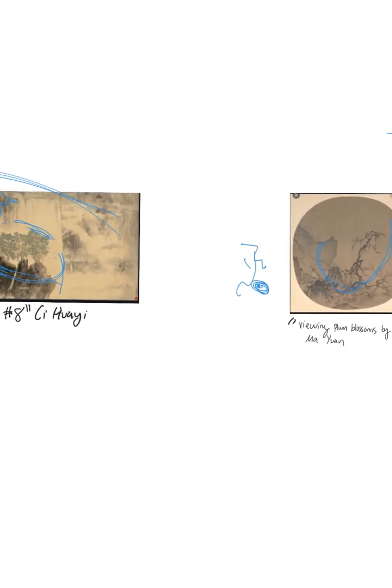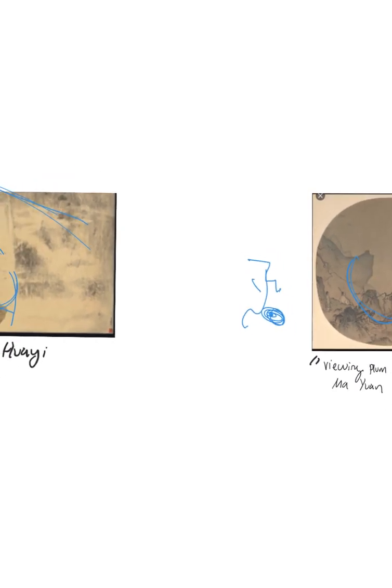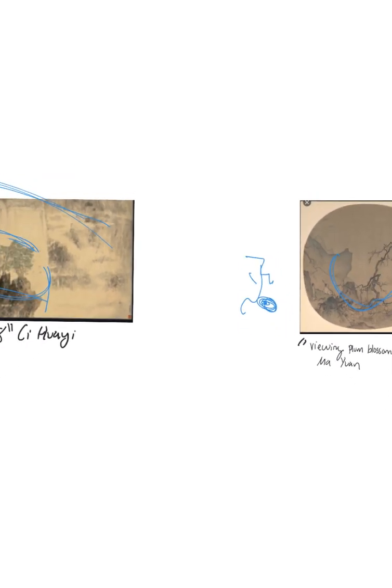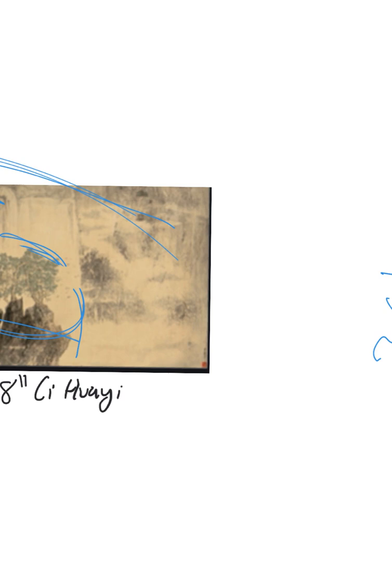But this is where things diverge, because as I said with the Northern Song Dynasty, it's interesting to see it parallel in Southern Song versus Li Huayi, in that it's humanity versus fantasy. As I mentioned previously, Li Huayi's work is barren of any people or any sign of humans.